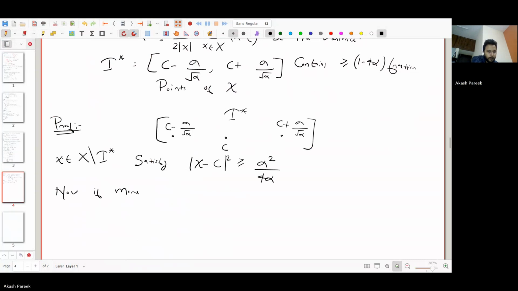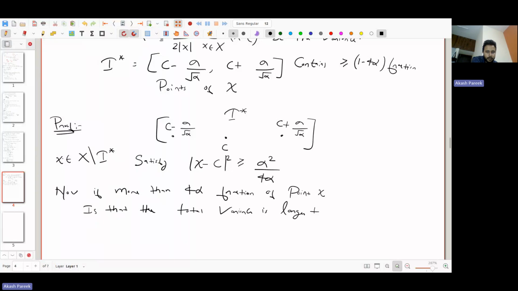Now if more than 4 alpha fraction of points small x do not lie in this interval I star, then what we can show is that the total variance is larger than sigma square, which is a contradiction.